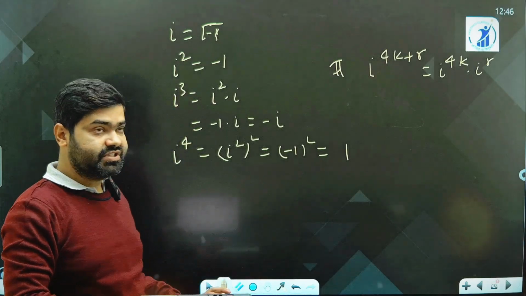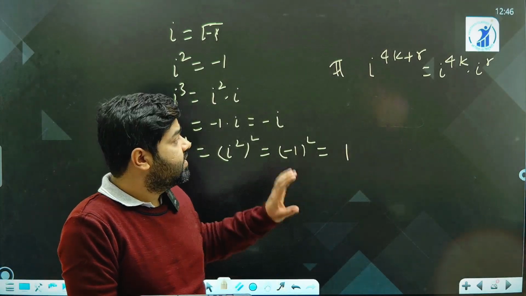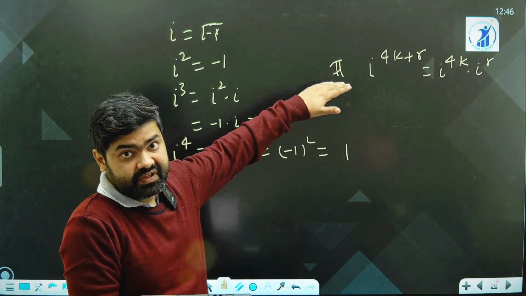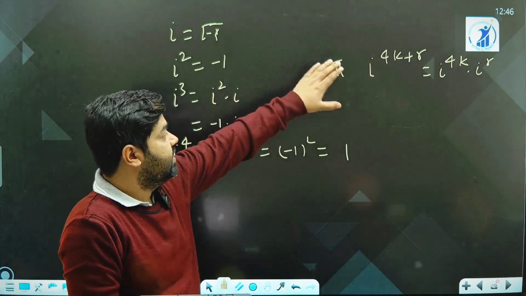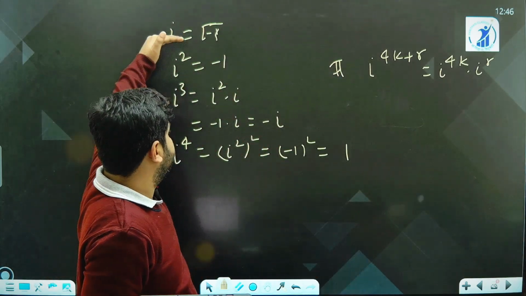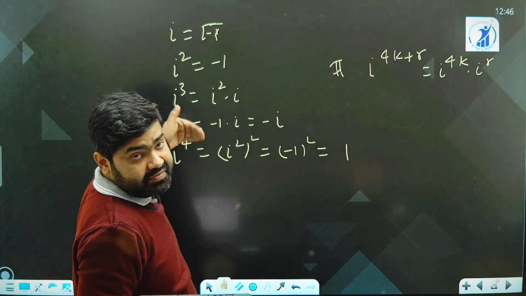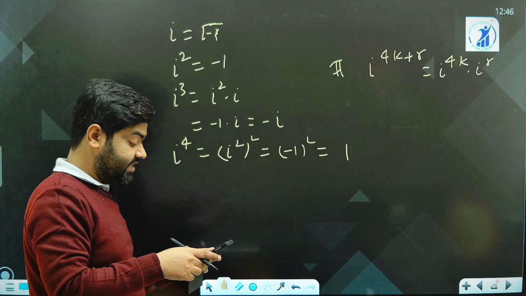So if any question is given, first we divide the iota index by 4 and convert the question into a simple power of 1, 2, 3, 4. We can understand this easily by a question.